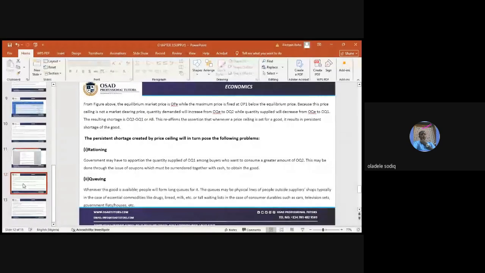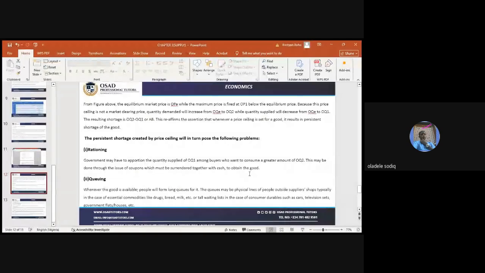Now, what are also the problems that price ceiling can cause? One of them is rationing. Government may have to apportion the limited supply of the first commodity among buyers who want to consume a greater amount of another commodity.